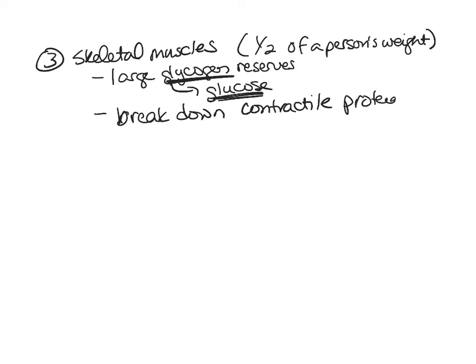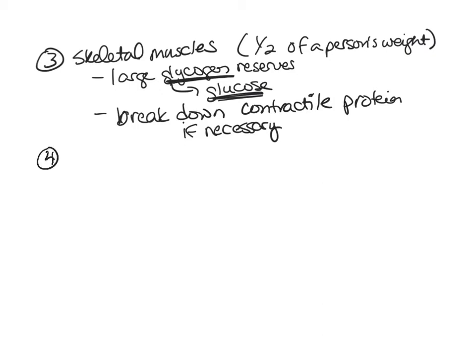So if the skeletal muscles have to, they will break down the contractile proteins, which is not good, but will happen in situations where a person is starving themselves, or when a person is in that last stage of the general adaptation syndrome or the stress syndrome.